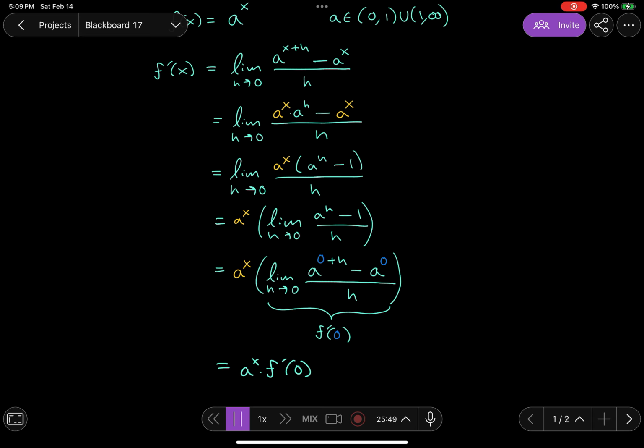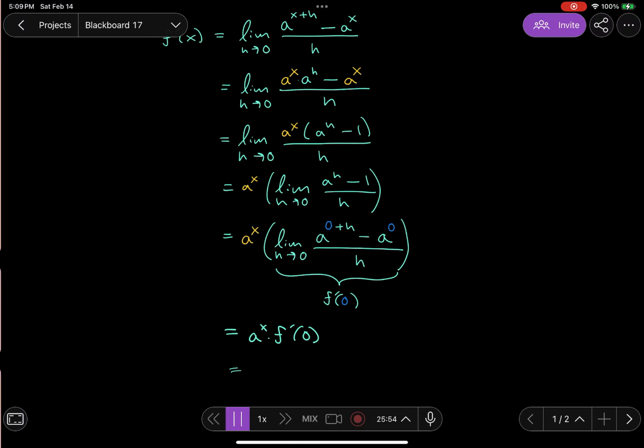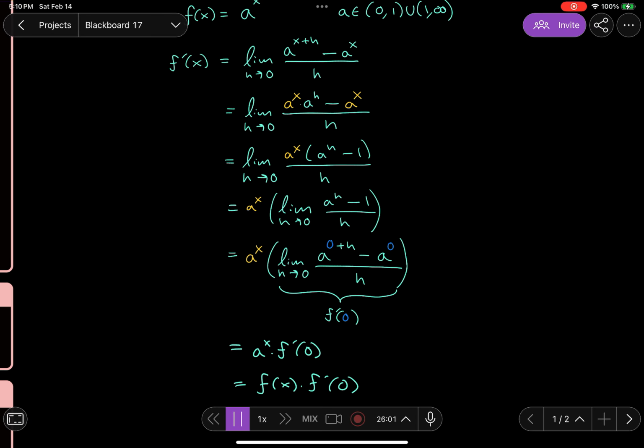It would be so nice, maybe write it like this. A to the x is the same thing as f of x. So f of x times f prime of 0. We ask ourselves, it'd be so nice if we had a function whose derivative was simply equal to the original function. In other words, the rate of change of the function at any x value is the same as the output of the function. That would be really nice. But in order for that to happen, we must have that this thing is equal to 1.